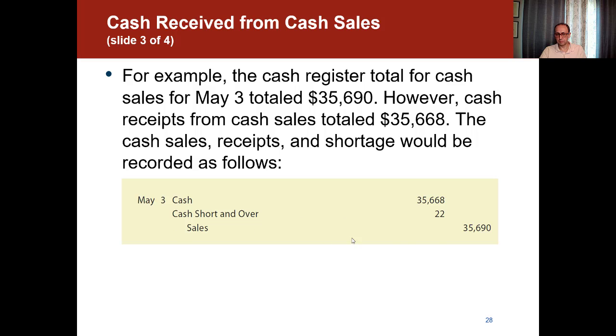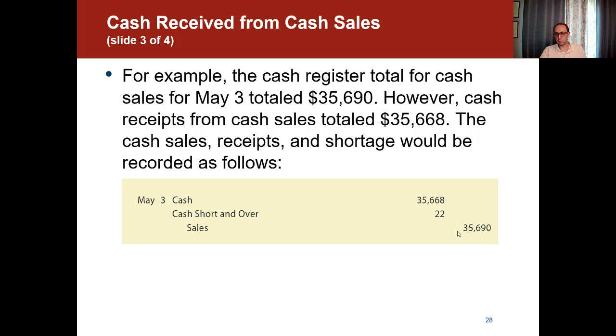We're going to credit sales, because remember, sales are revenues. They are going to be recorded on the credit side. We're going to debit cash, and this is the amount of cash that we received. If they're the same, then this is fine, because these are equal. The problem is we have a $22 difference.